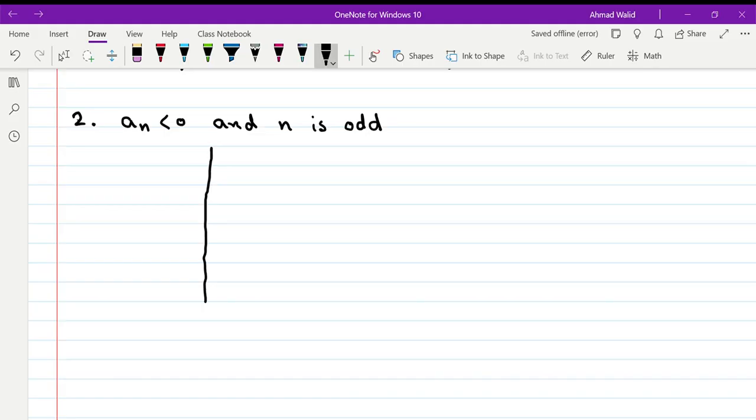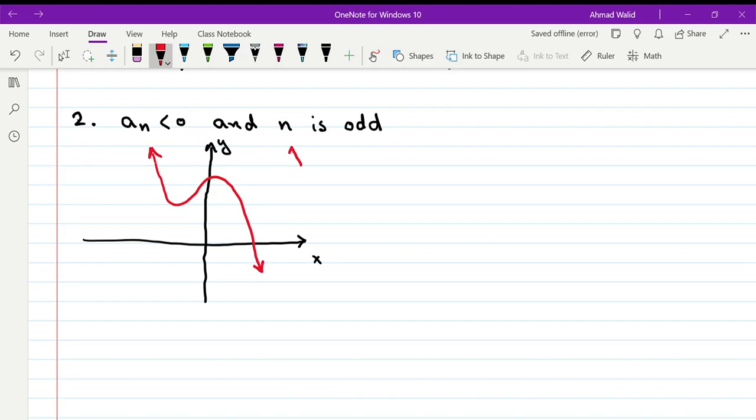Let me show it in a graph for you. The graph of the polynomial function rises on the left side and falls on the right side like this. Left up, right down. This one will be the end behavior of your graph.